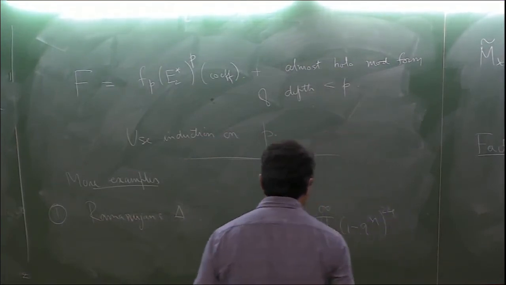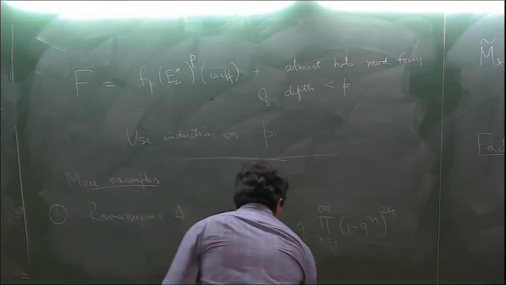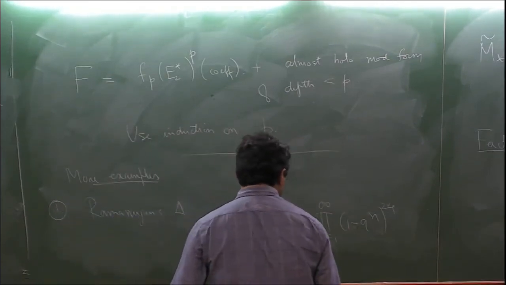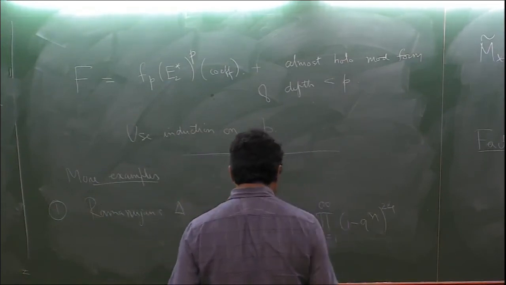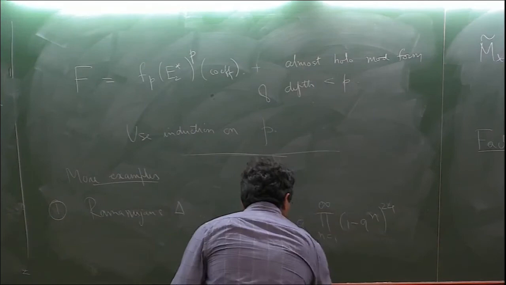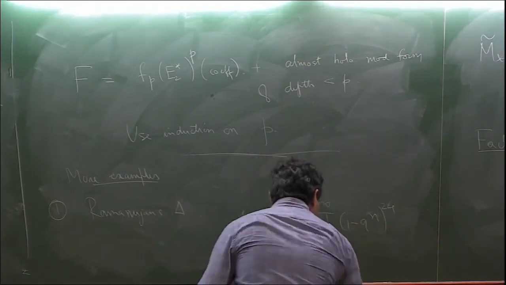Yeah, this thing. So this is all I'll say. I don't have time to show that this is a modular form of level 1 and weight 12, but maybe this is going to be useful at some point.